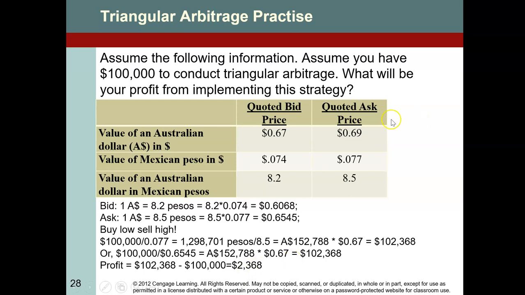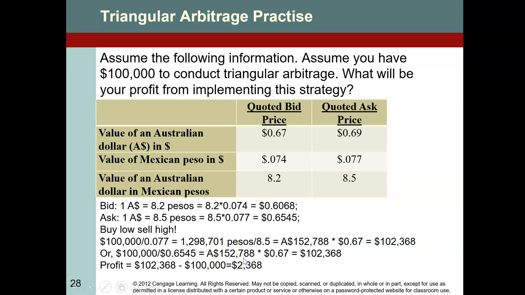Okay, if you want to combine these two steps, because we know if we multiply 8.5 by 0.077, we have this higher ask rate of 0.6545. Okay, so we can also first use 100,000 divided by this 0.6545, exchanging dollars to 152,788 Australian dollars.